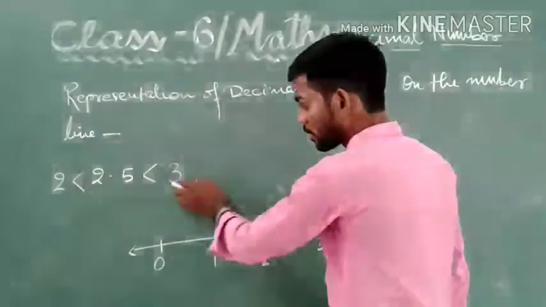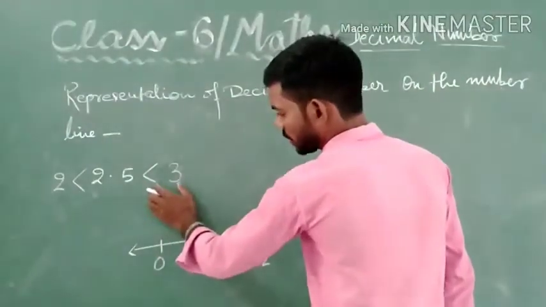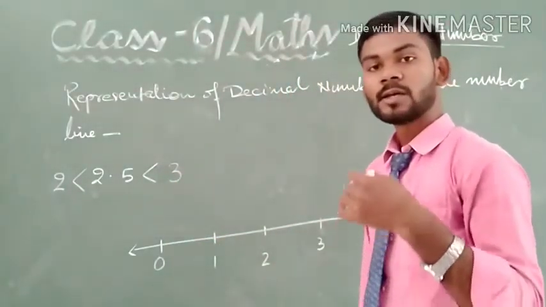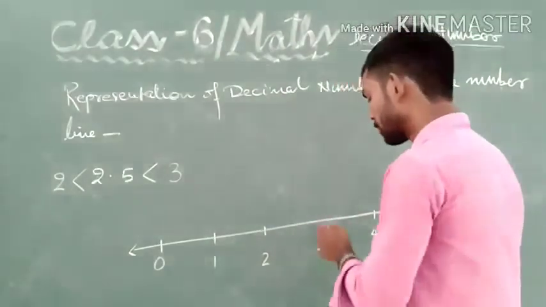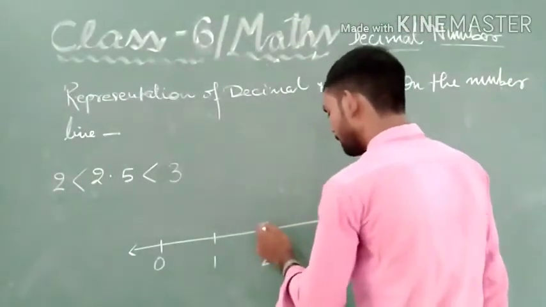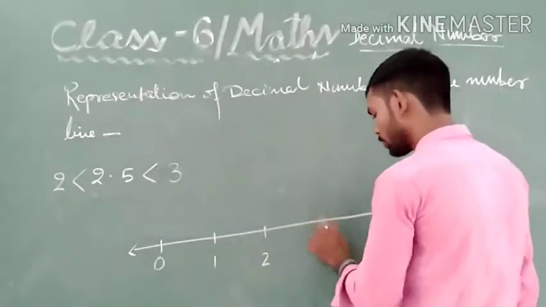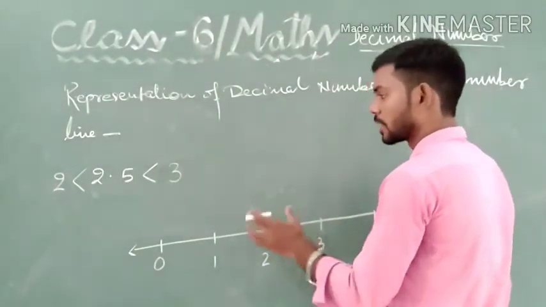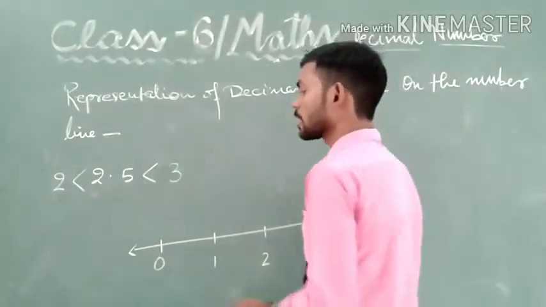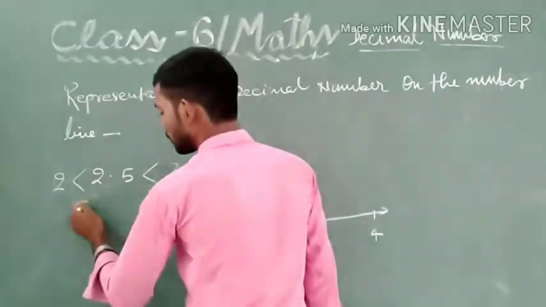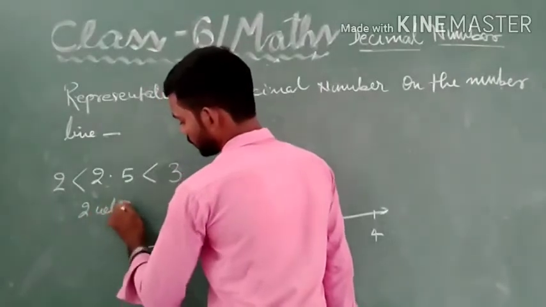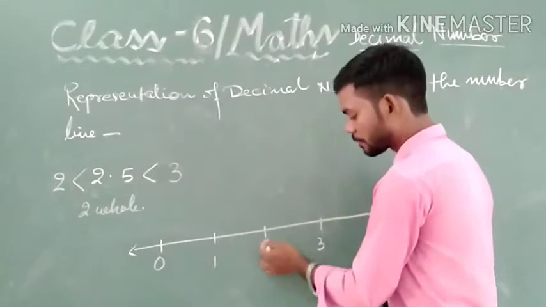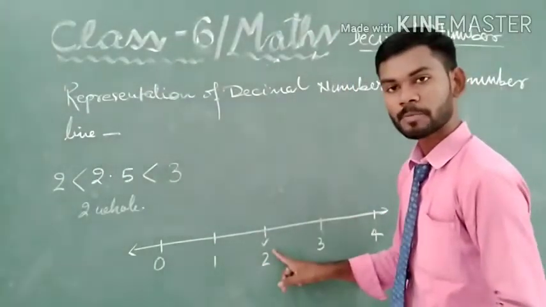But 2.5 is less than 3, which means that 2.5 will lie on the left side of 3. That means 2.5 will lie between 2 and 3. Here in 2.5, 2 is the whole part, so this point represents 2.